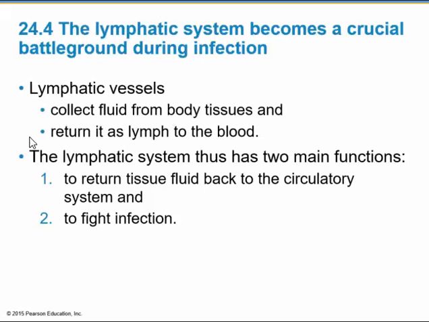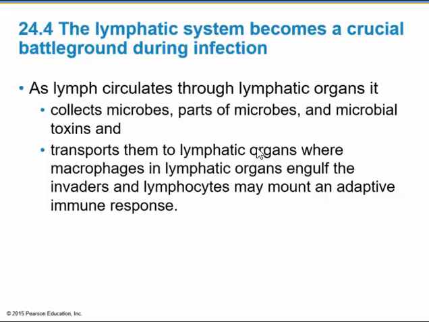So, the lymphatic system does two things for us. Number one, it returns fluid to the circulatory system. Number two, it protects us against disease or infection. So, as this lymphatic fluid circulates through the lymphatic system, it collects toxins, microbes, parts of microbes, and transports them to the lymphatic organs.